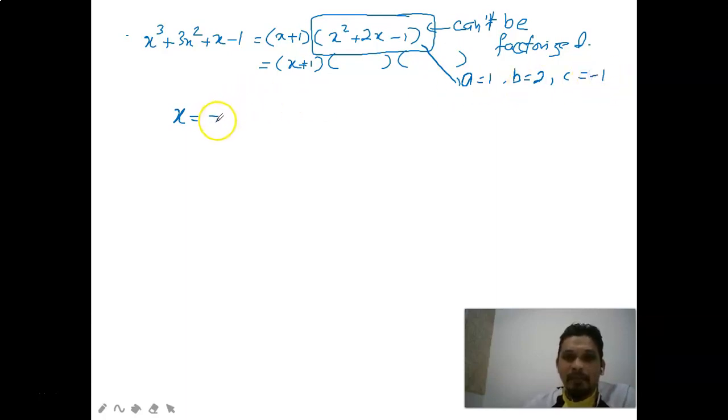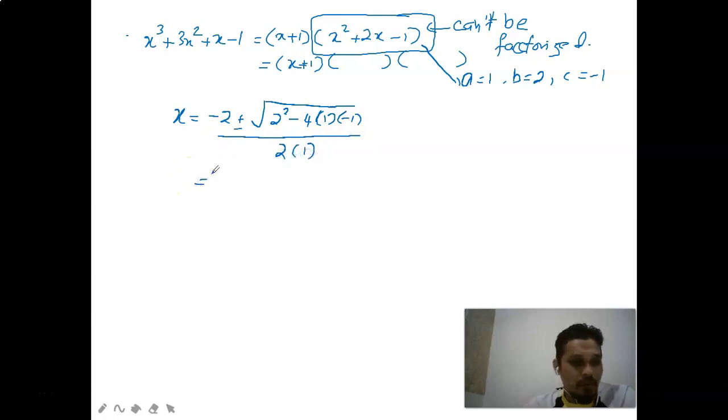Okay, negative b, negative 2, plus minus square root of b squared, 2 squared, minus 4ac, divided by 2a, where a equal to 1.